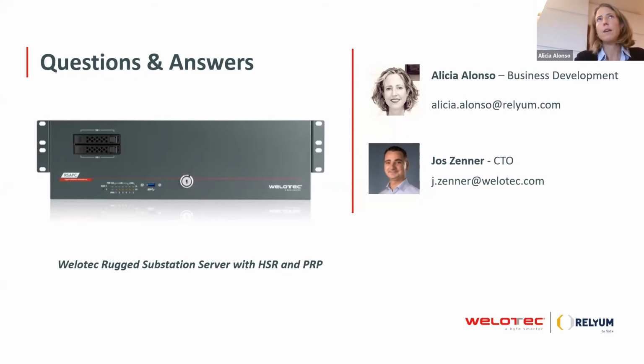But we've had some customers that have even implemented a type of HSR redundancy over wireless links. So yes, it's possible to apply redundancy based on HSR and PRP on WAN links. Okay, thank you.